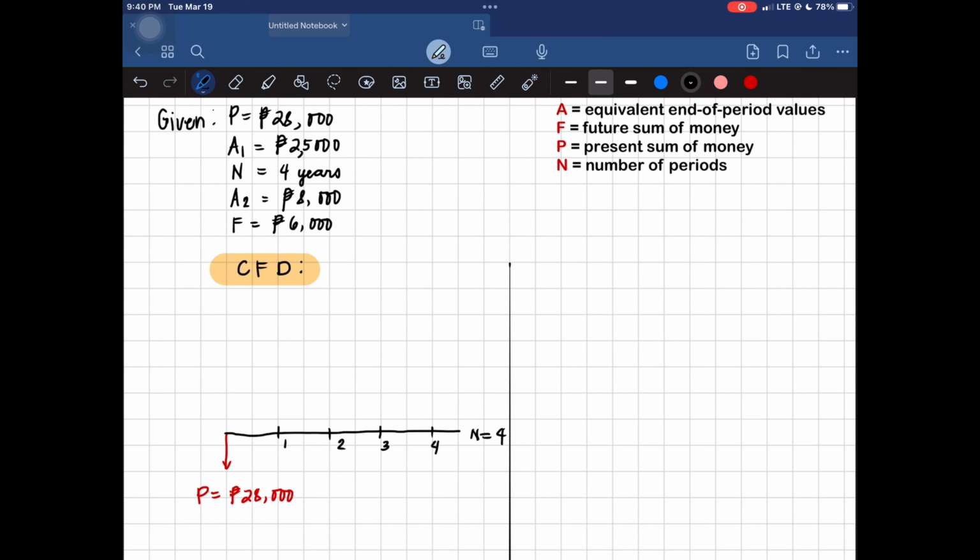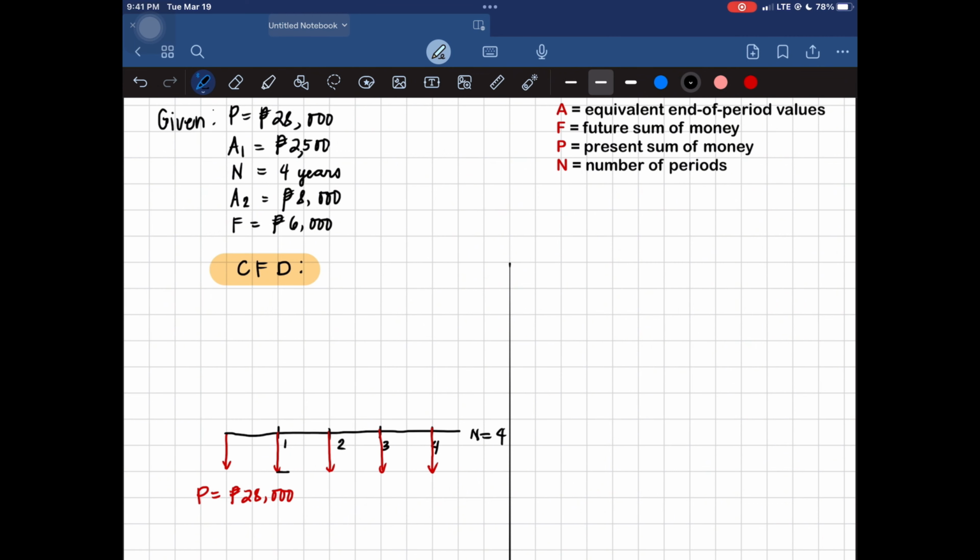Now for our A sub 1, which is 2,500 pesos, this is her maintenance cost for her equipment each year for 4 years. Since this is a payment, this will be considered as cash outflow. This will still be represented by a downward arrow. So now we have 2,500 pesos for end of year 1, then year 2, year 3, and end of year 4.